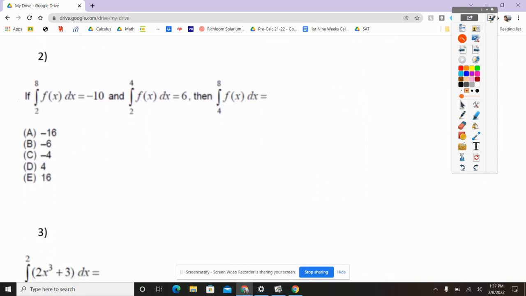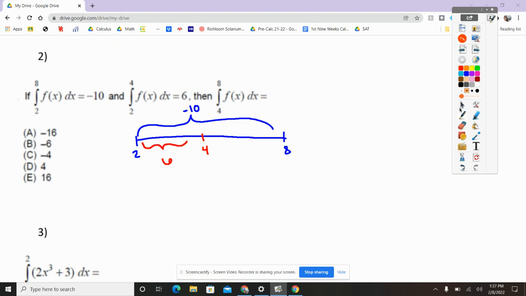Number 2, they tell us a bunch of definite integrals, and we need to figure out from 4 to 8. So I like to draw a picture on these. And we know from 2 to 8, this entire thing has to be equal to negative 10. But then they tell us from 2 to 4, this little area equals 6.